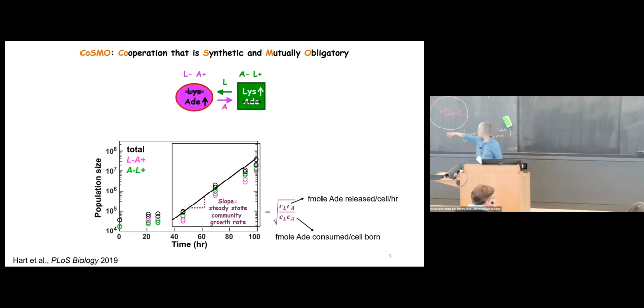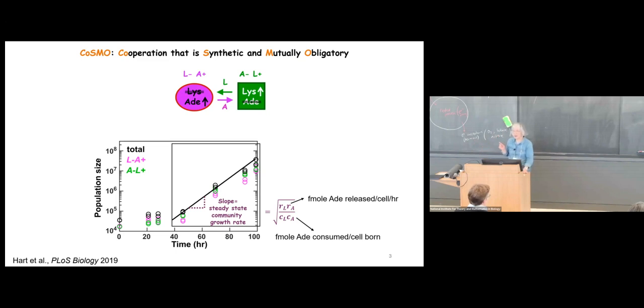So if you do the unit calculation, metabolites released per cell divided by that, it's per hour, and then the same for lysine, square root, so you get per hour, the right unit. So the little test I set up for myself is that if I measure these parameters, the two release rates and the two consumption amounts, would I be able to predict this slope? So I tried it, and it just won't work.